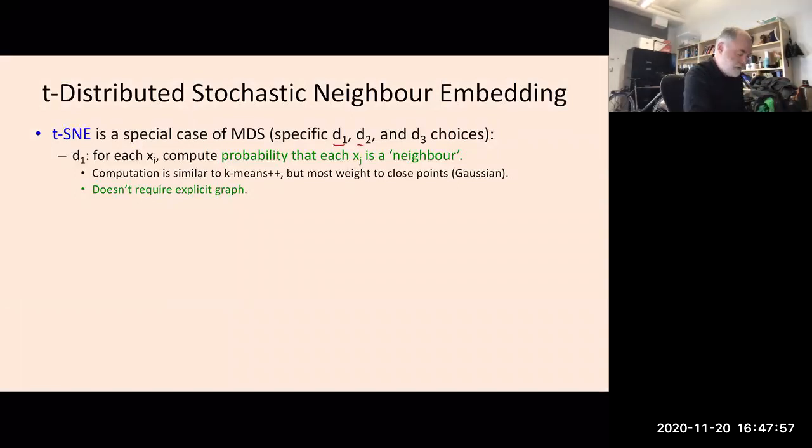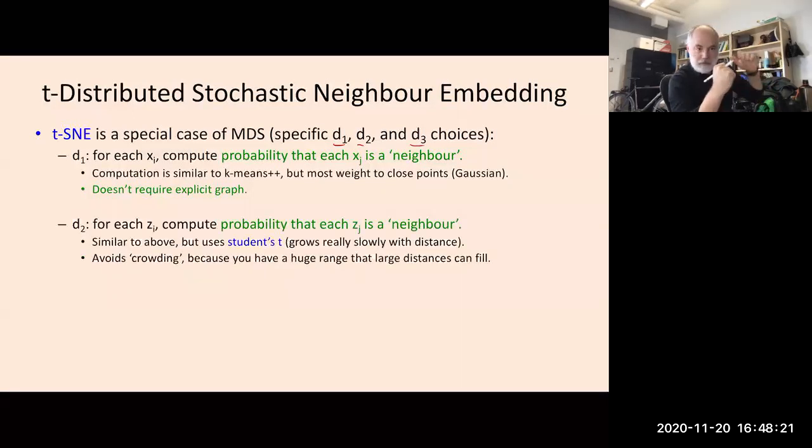Basically, there are specific, non-trivial, and very interesting choices for D1, D2, or D3 that have probabilistic interpretations. It's kind of a cool model, actually. But basically, for D1, you use a Gaussian centered at each data point to compute the probability that each xij is a neighbor. It's similar to basically a k-means algorithm weighted by closeness. You don't need an explicit graph. D2 does the same thing.